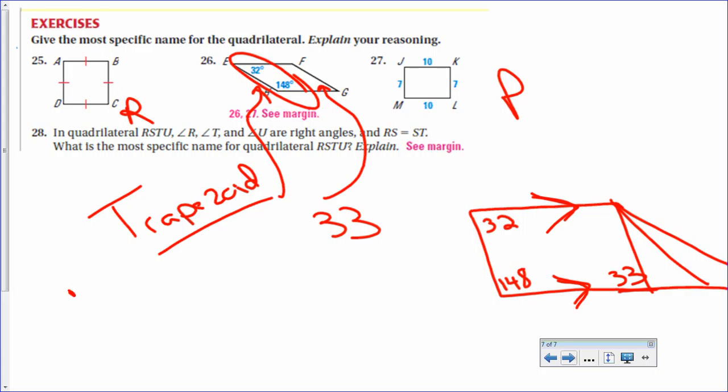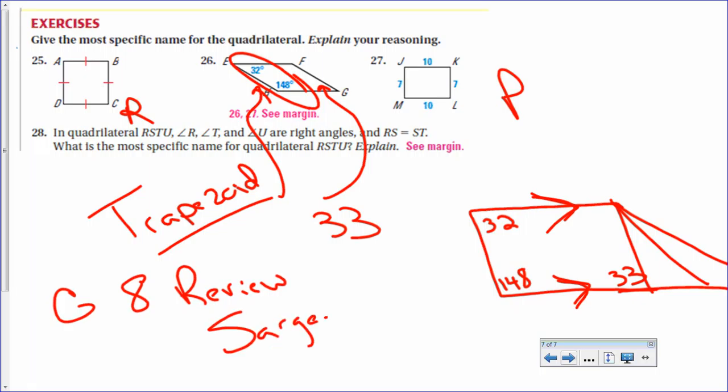So I believe if you look up G8 review, and then right after that you type in Sargent Silbernagel, and you should not laugh about that. And I'm serious, it's actually on there. So if you look that up and you want to rewatch it, no problem.